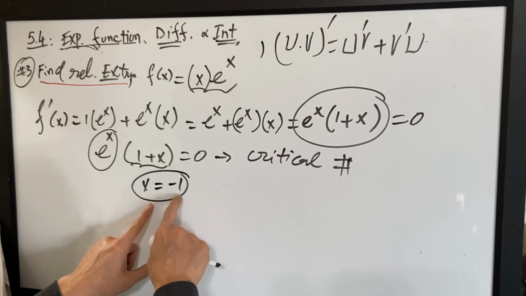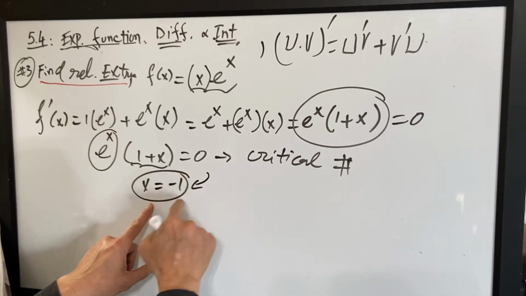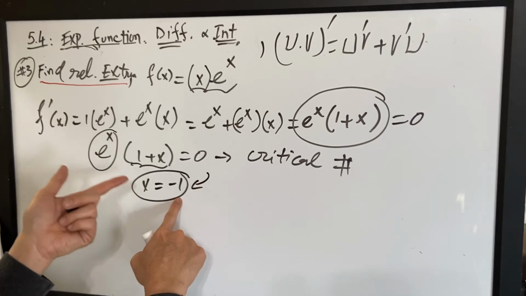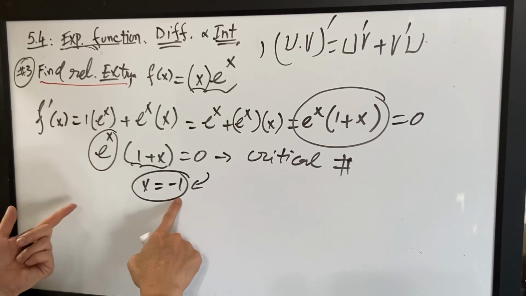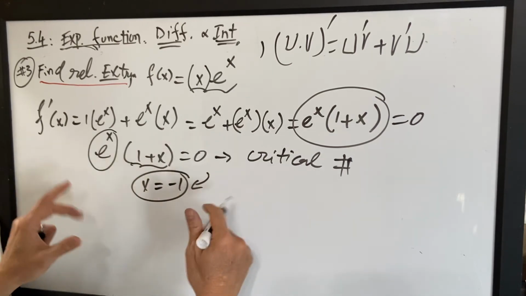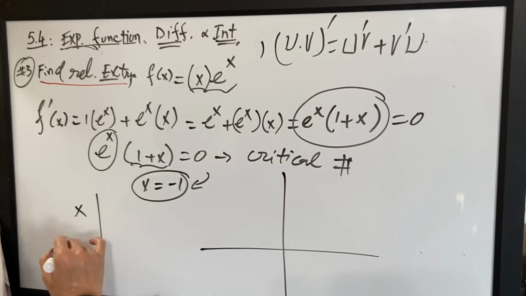At this critical value, the function will be a minimum or maximum, but you don't know which one. Remember, we do the timetable. You plug in values of x and find y prime.